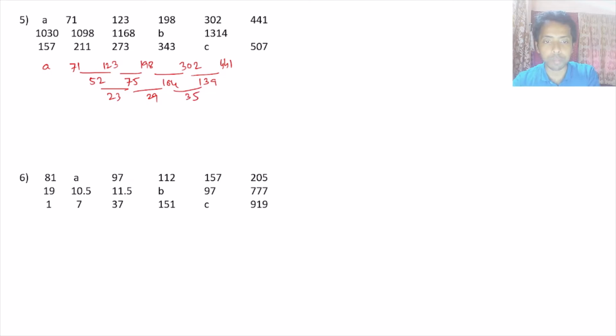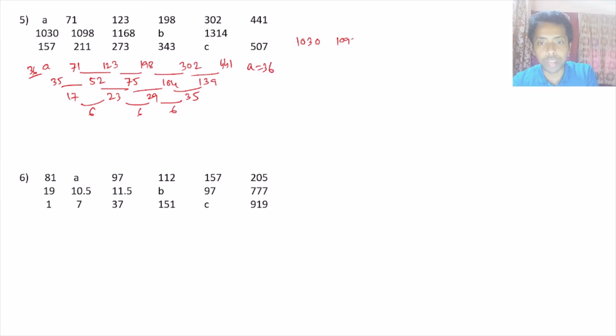This is 35. Now, can you get any picture from this? Yes. 23, 29, 35. That means a constant difference comes here. 6, 6. So obviously, here it comes. That means 17 here. 17, this is 6. 17 means this is 35. 35 is the difference between A and 71. 71 is more. So the value of A is 36. Right? Next.